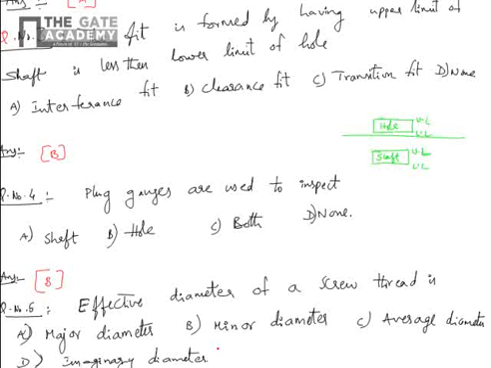So as we know, the effective diameter of a screw thread is the diameter at which the thickness of the thread is equal to the gap between two threads. So it is also called imaginary diameter.